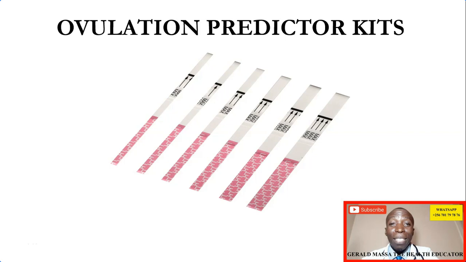Why are we talking about LH and then estrogen? These two hormones are very key. They are very important in a woman's process of getting pregnant, because when a lady is about to go into her ovulation, or when the day of ovulation is about to reach, the two hormones we are talking about, that is luteinizing hormone and the estrogen hormone specifically, they tend to rise.